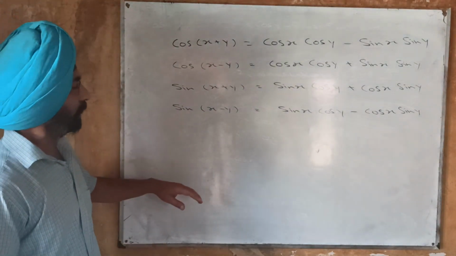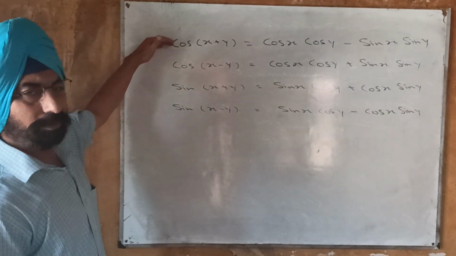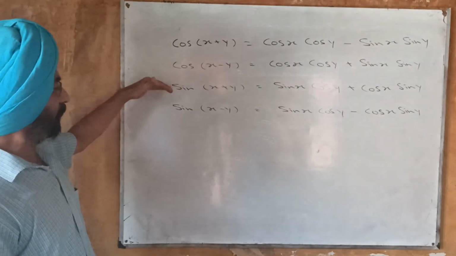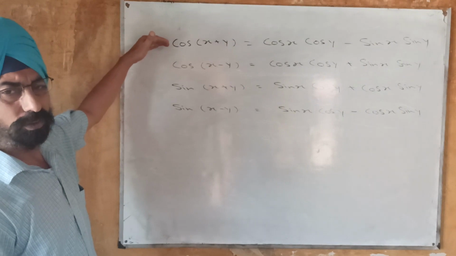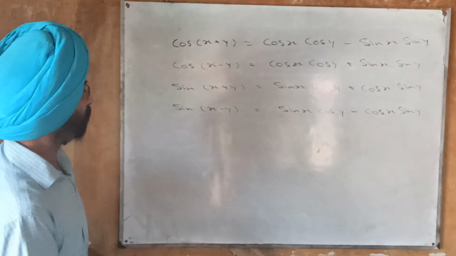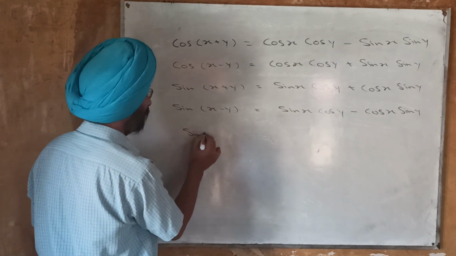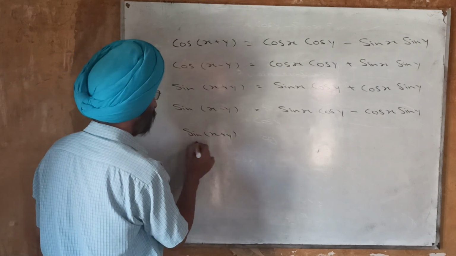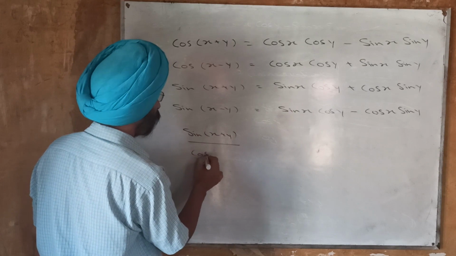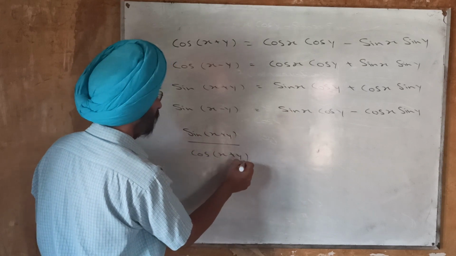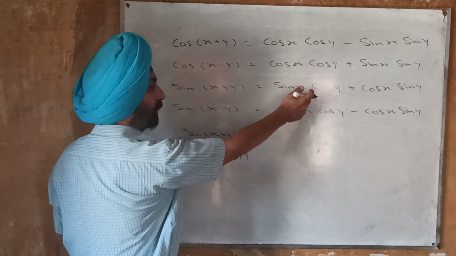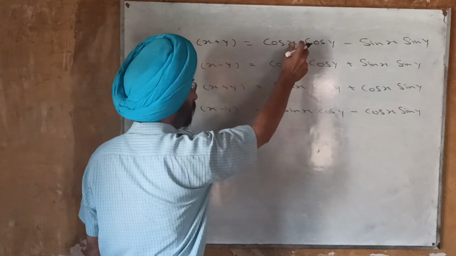So divide the first by the third, or divide the third by the first to make it easier. So sin(x + y) divided by cos(x + y).